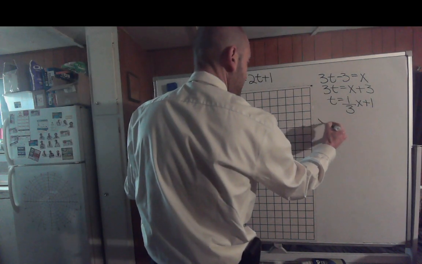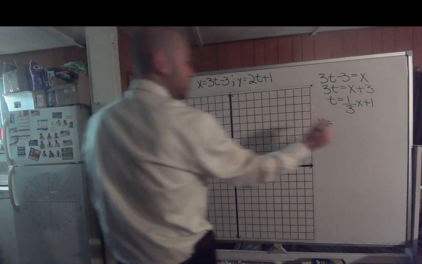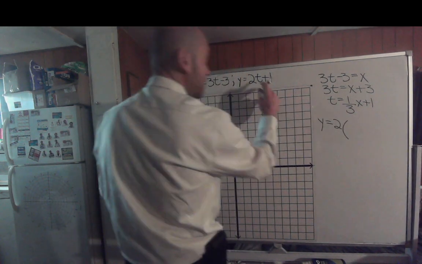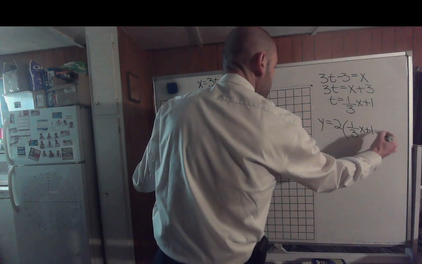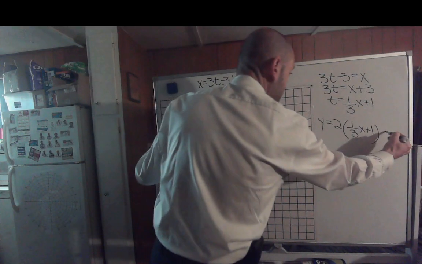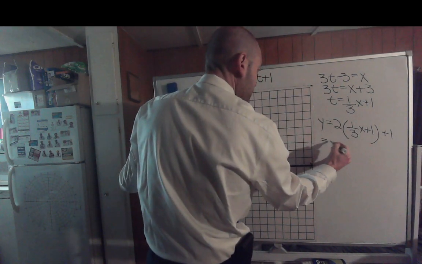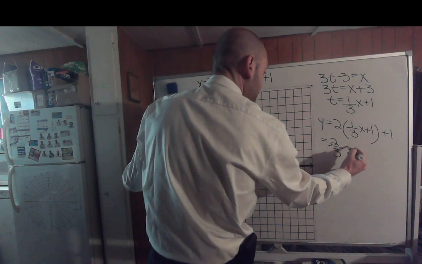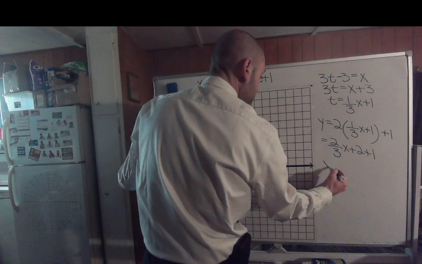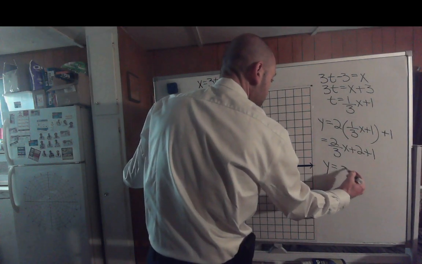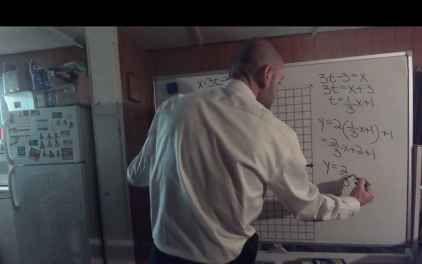So y would equal 2 times that value of t, which was 1/3 x plus 1, then plus that 1. So you'll end up getting 2/3 x plus 2 plus 1. So to simplify, you'll get y equals 2/3 x plus 3.